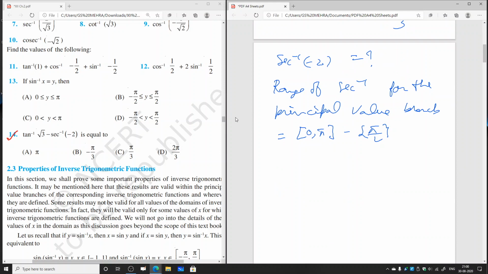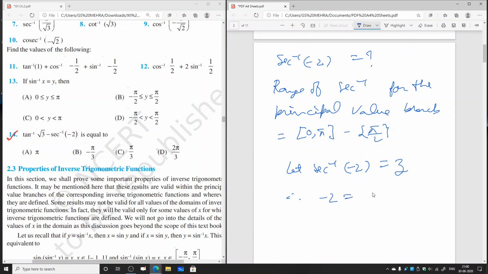Let sec inverse minus 2 be equal to z. Therefore minus 2 equals sec z. From our class 11 study, we know that sec of pi minus z is equal to minus sec z. So we can write 2 equal to minus sec z, or 2 equal to sec of pi minus z.